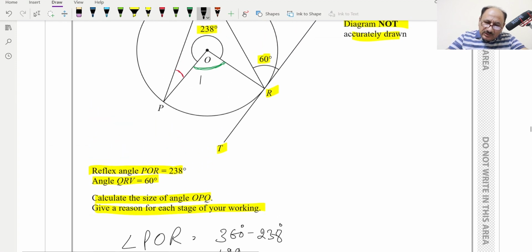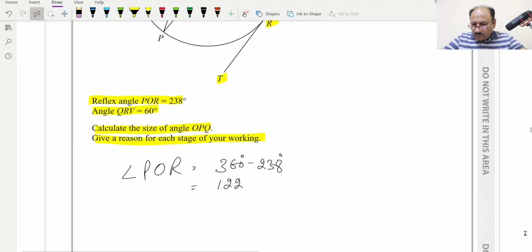So this angle is 122. The reason for this will be angles at a point add up to 360 degrees.